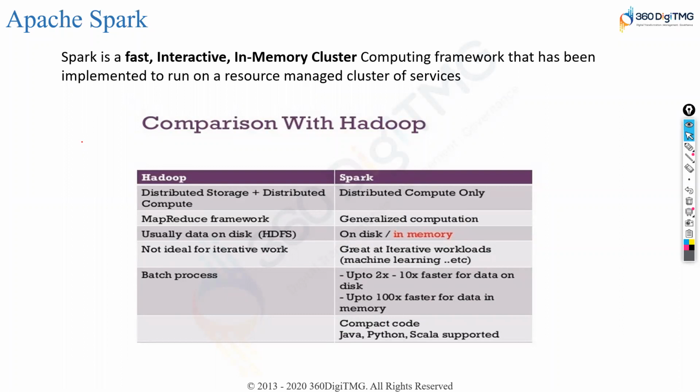And in Hadoop, when you do the compute, it always has to go with the MapReduce framework, map and reduce. Whereas Spark is a generalized computation framework. Partitioning will be there as well, but it is not working on the same lines of map and reduce. You directly apply the logic, whatever logic you want to achieve.